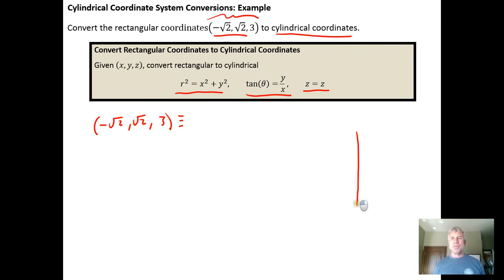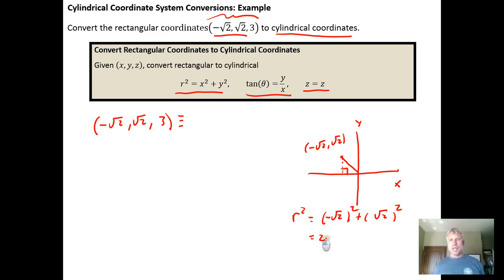So if we think about what's going on in the xy plane, we have the ordered pair over here at negative square root of 2 comma square root of 2. So we just use the Pythagorean theorem, which is this relationship right here, to get r. So we know r squared is going to equal the sum of the squares of the x and the y components. It's just an application of the Pythagorean theorem. And when we square this, we're going to get a 2 plus, and we square this, we get 2, so we get r squared equaling 4, which means that r is going to be equal to 2.